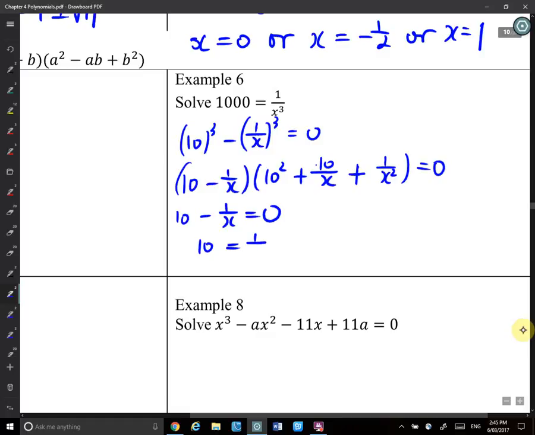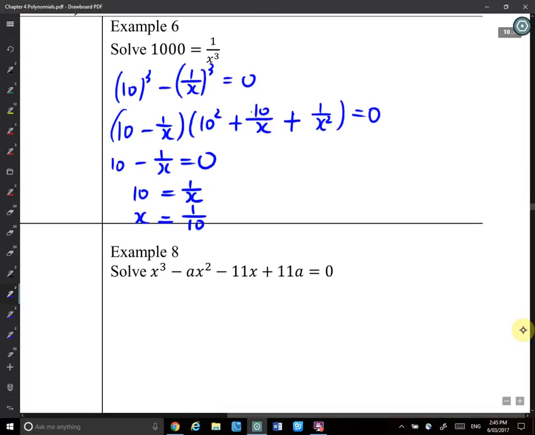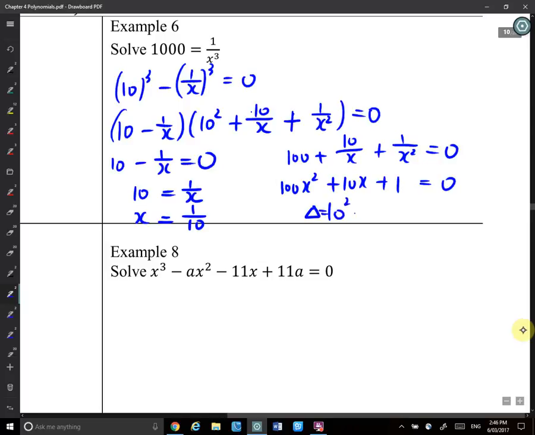So 10 equals 1/x, x equals 1/10. And for the other factor, 100 plus 10/x plus 1/x squared equals 0, so I can times x squared on everything. The discriminant equals 10 squared minus 4 times 100 times 1, which is smaller than 0. So no solution for this side. You only have one solution here.